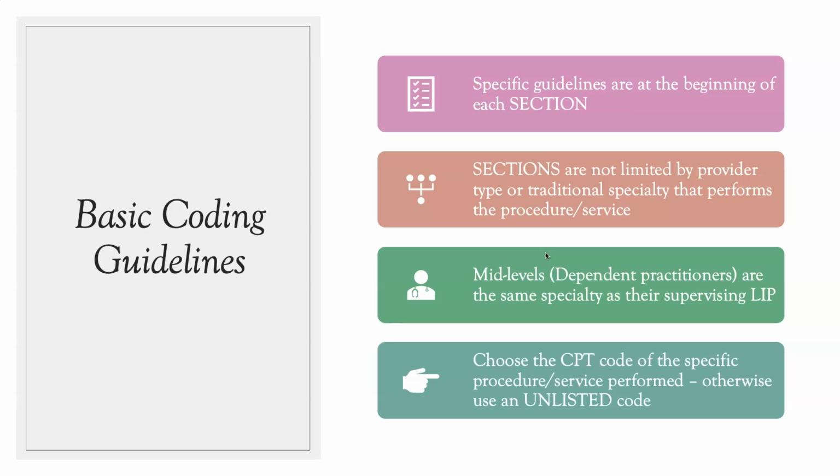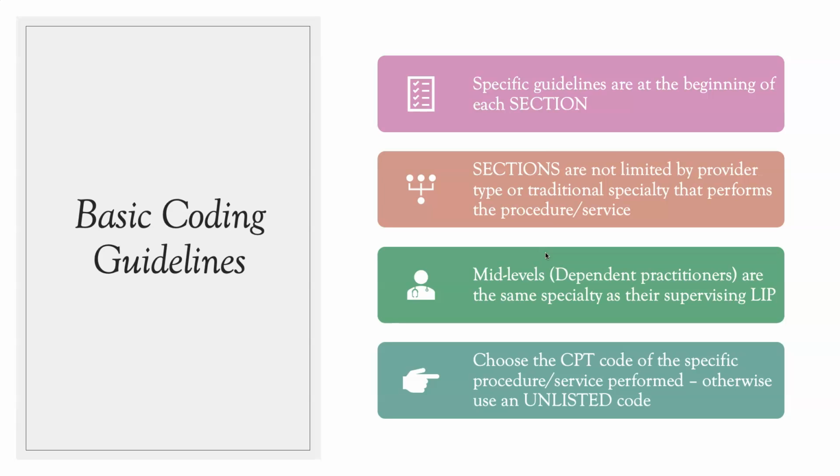So just because you code an anesthesia code doesn't mean it's being done by an anesthesiologist. And it's not that you can't use that code out of anesthesiology for a non-anesthesiologist, because you can.